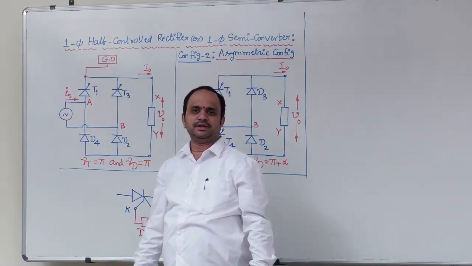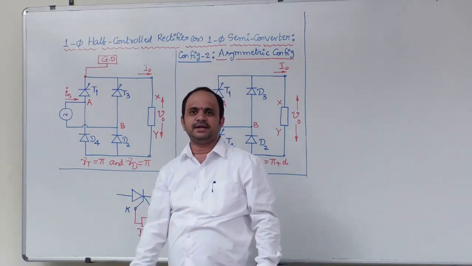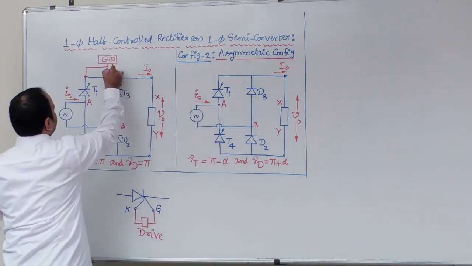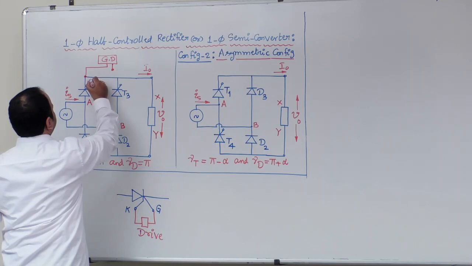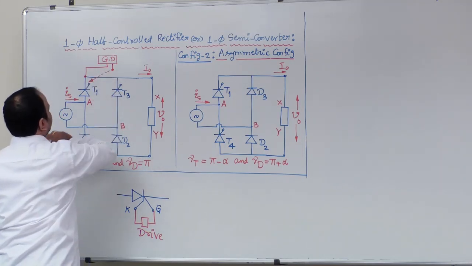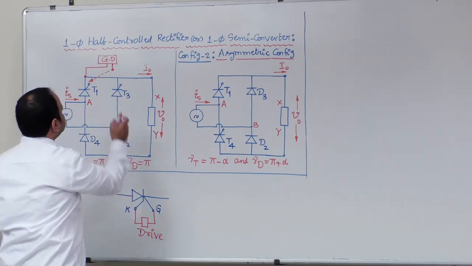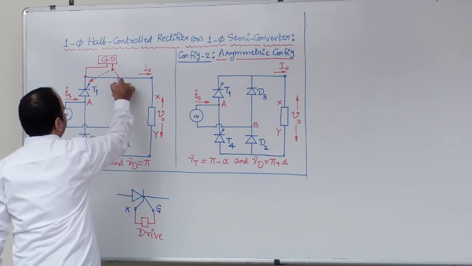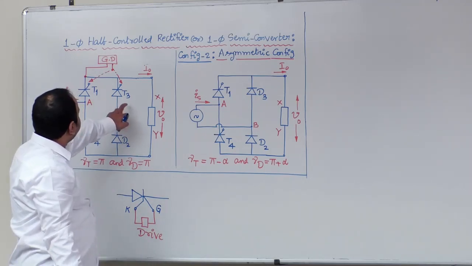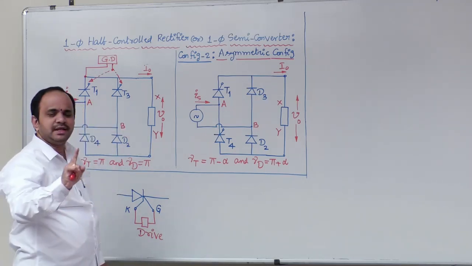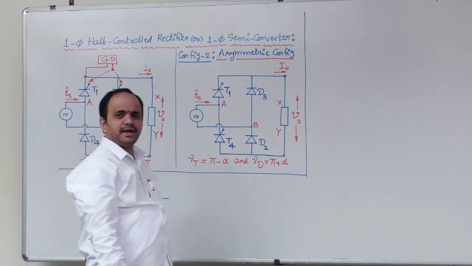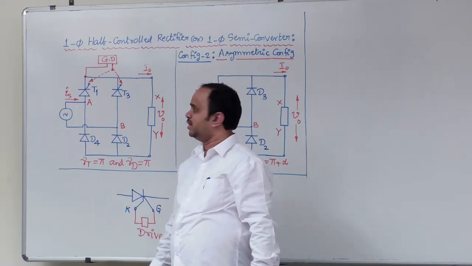First half cycle one thyristor, second half cycle another thyristor. Therefore, one gate drive circuit is sufficient. It can supply gate current for one particular device in the positive half cycle, and another device in the second half cycle. Therefore, in the symmetric configuration, a single gate drive circuit is sufficient.